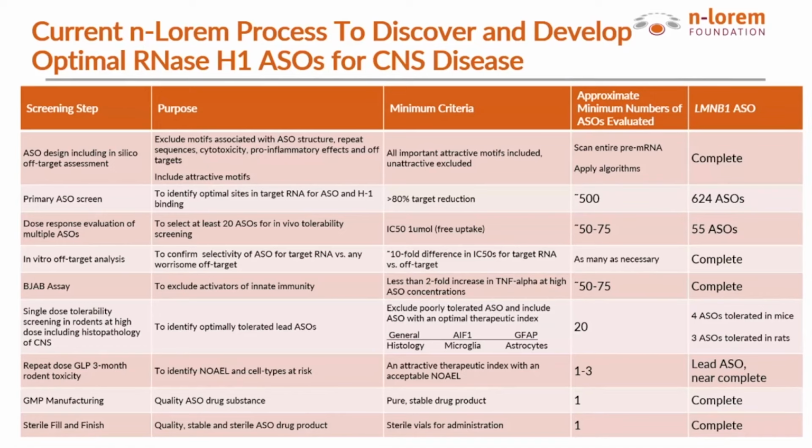From here, they take all this data into account and try to figure out the lead compound, which maximizes benefit and has the fewest predicted potential off-targets or safety issues, and move into the IND-enabling toxicity studies in rodents. For our Lamin B1 ASO, this is near complete. We're maybe days away. We anticipated that being about the middle of July, so we're almost there.